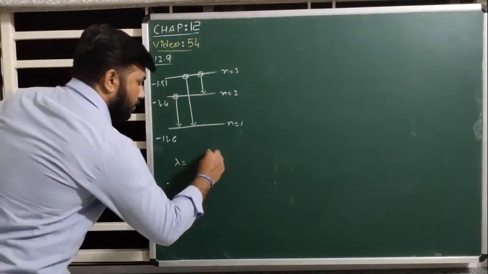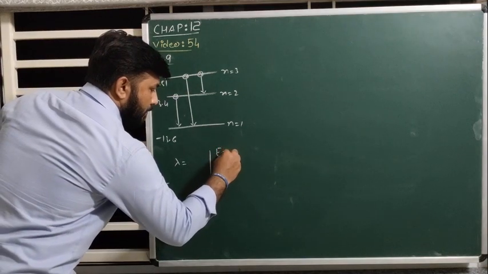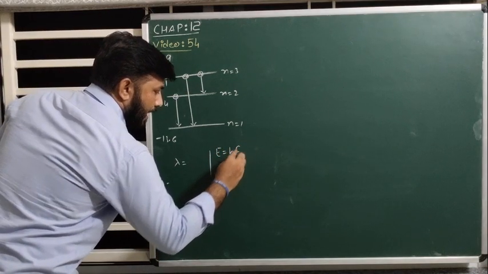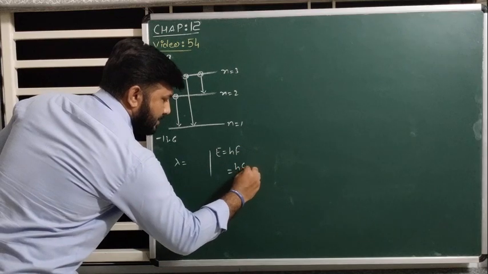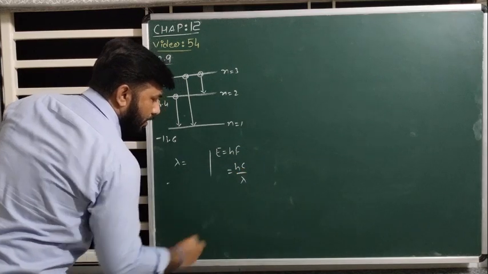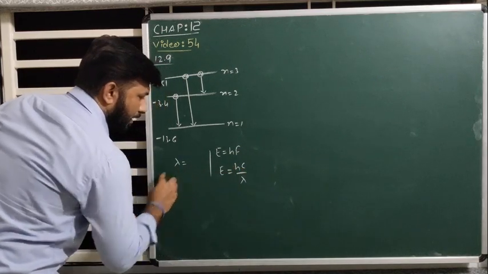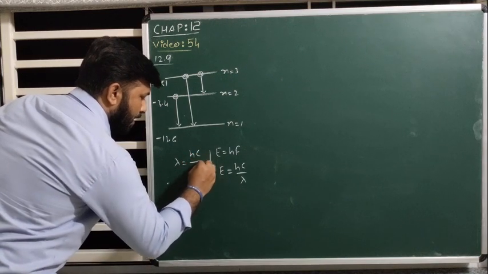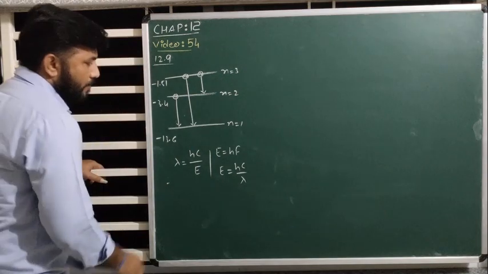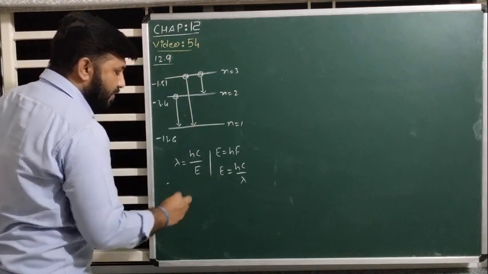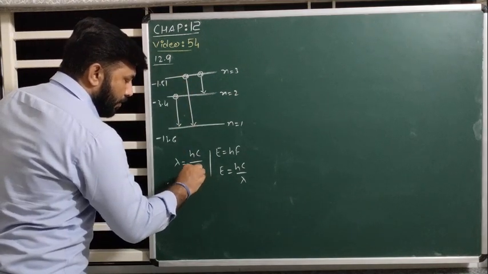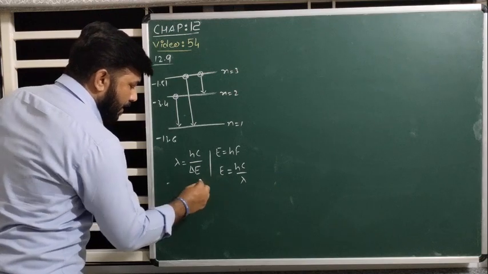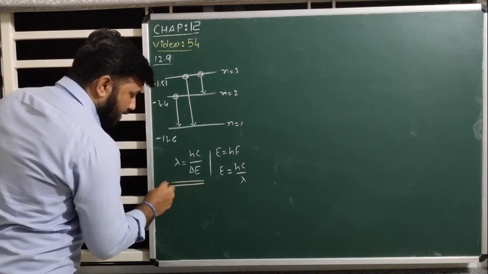E is equal to hf, f is equal to c by lambda, and from here lambda is equal to hc by E. But here there are energy differences, so you have to find delta E. So this is our standard equation.